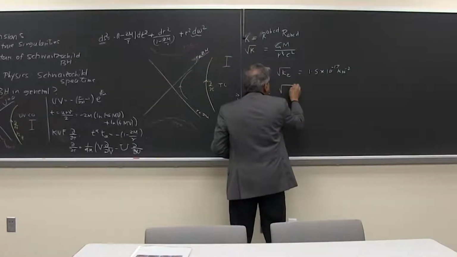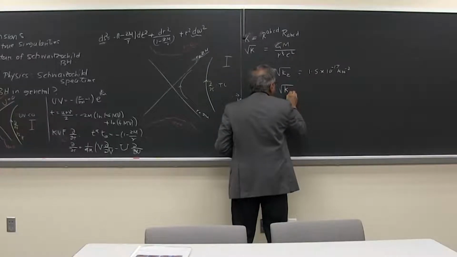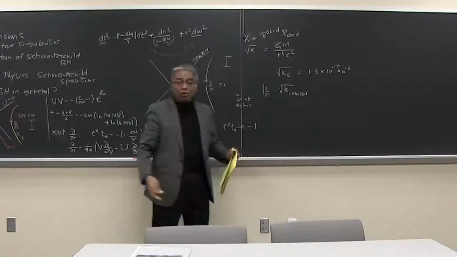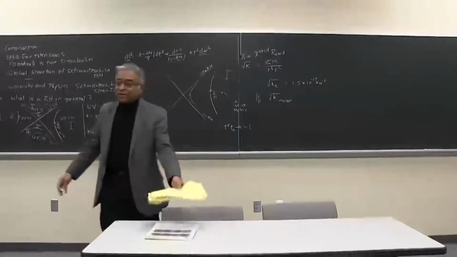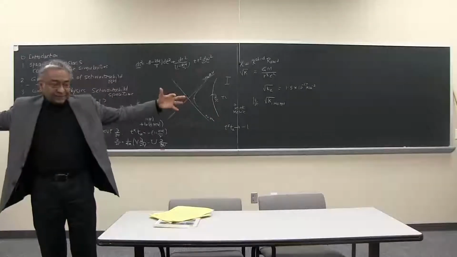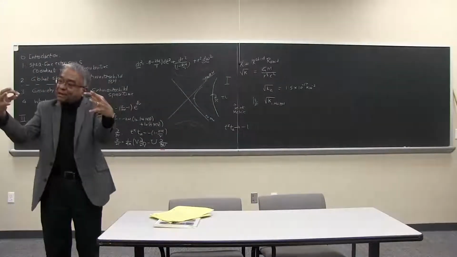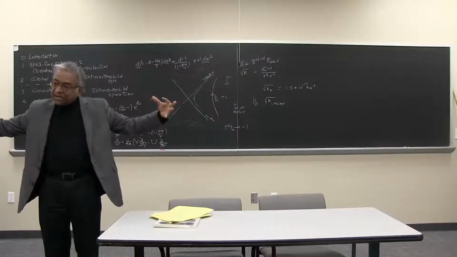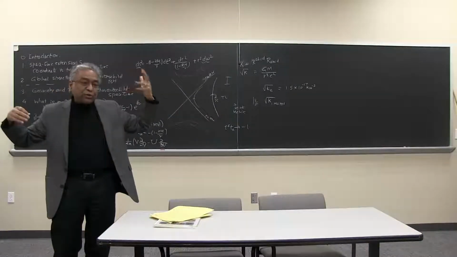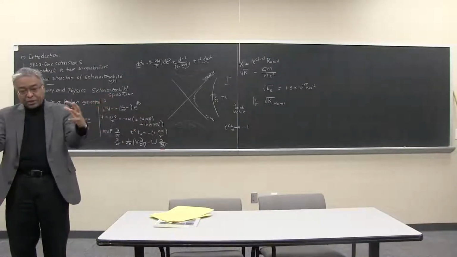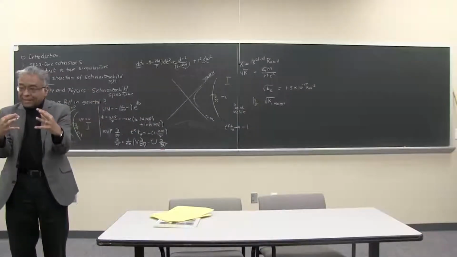What about the Kretschmann scalar on a one solar mass black hole? So this was Earth, this is a one solar mass black hole. You just take a star of the size and mass of the sun, and you collapse it. When you collapse it to become a black hole, we have to take the mass of the sun, which is about 10 to the 33 grams, and compress it into a radius of about 3 kilometers.